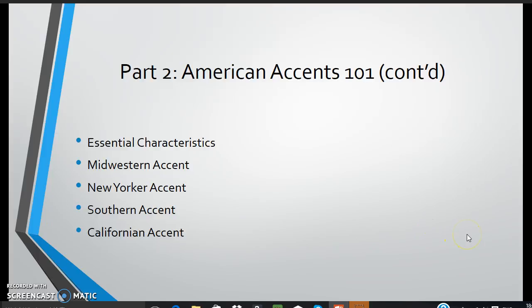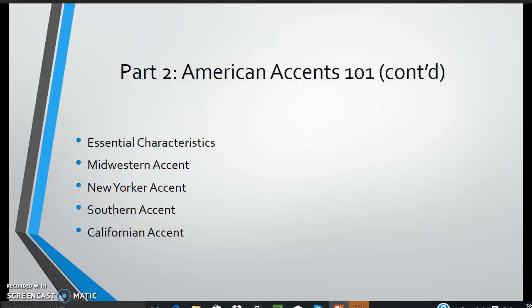Let's dive into the Southern accent here. This is definitely the classic Southern accent that you might have heard about in a few films. Matthew McConaughey, I believe, is very famous for using this accent. That's definitely something to take note of.